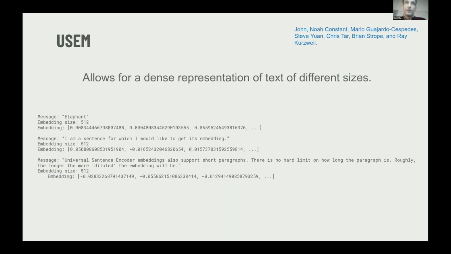The next piece of existing technology that we use for our methodology is the universal sentence encoding model presented by researchers and engineers from teams at Google. This was presented not too far back. It's a little bit more recent than GraphSAGE, but from more or less the same period. What the universal sentence encoder allows us to do is have a dense representation of text of different sizes.